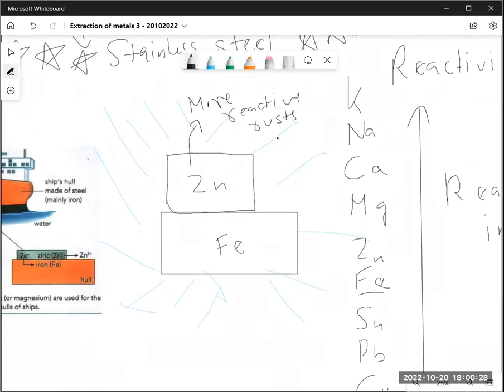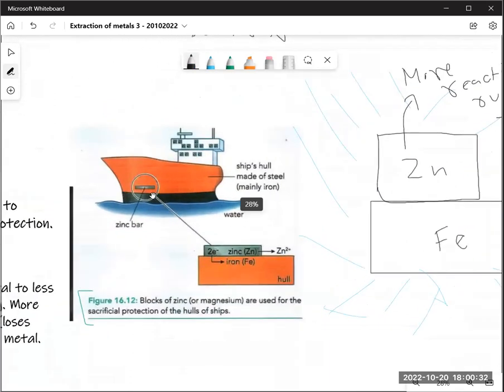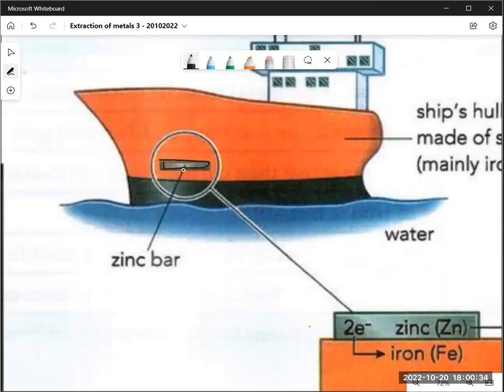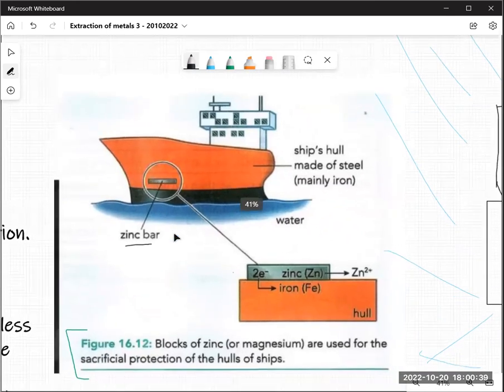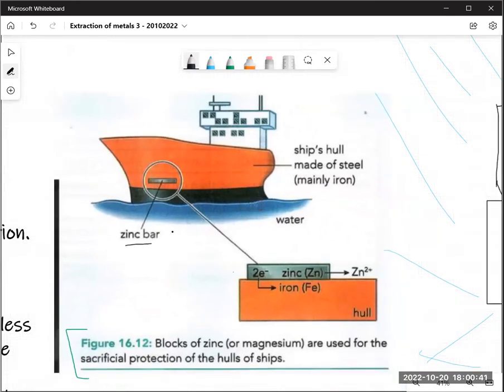If I put some zinc on top of iron like this, or like this ship, they literally put a big block of zinc here, a zinc bar. Safa, tell me what will rust first, more reactive or less reactive? More reactive. So zinc is more reactive than iron, so it rusts first.